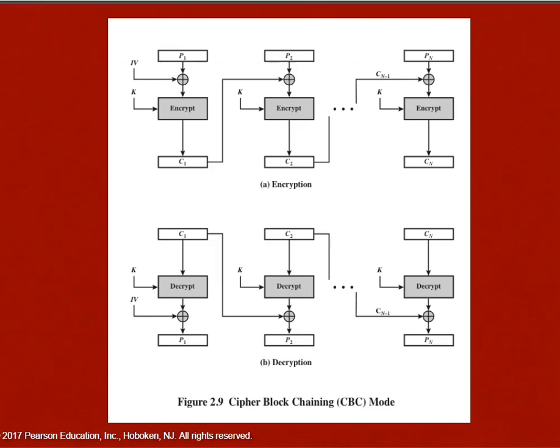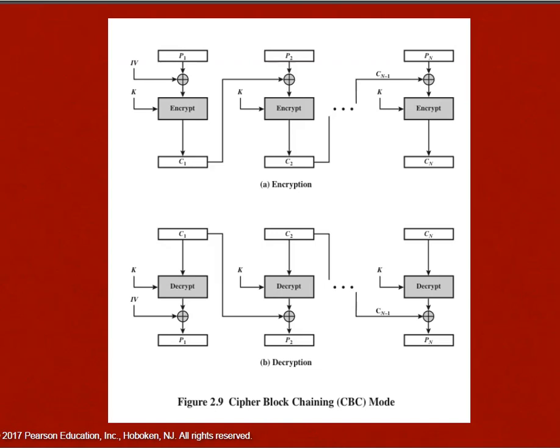The input to the encryption function for each plaintext block bears no fixed relationship to the plaintext block. For decryption, each cipher block is passed through the decryption algorithm. The result is exclusive-ORed with the preceding ciphertext block to produce the plaintext.